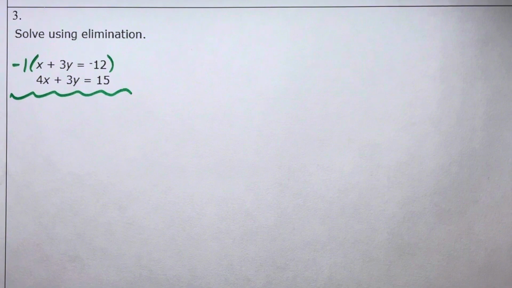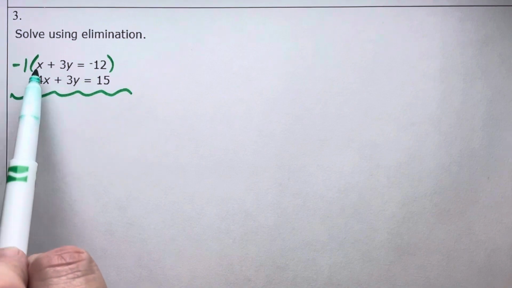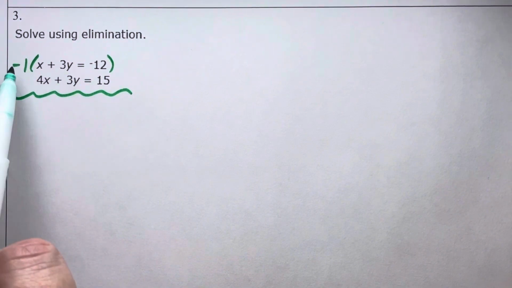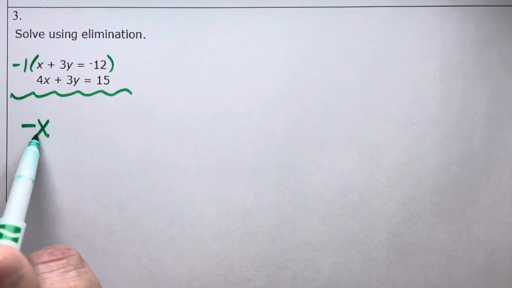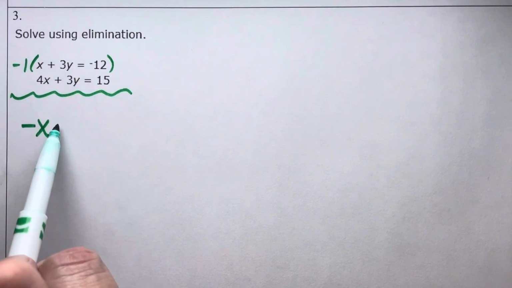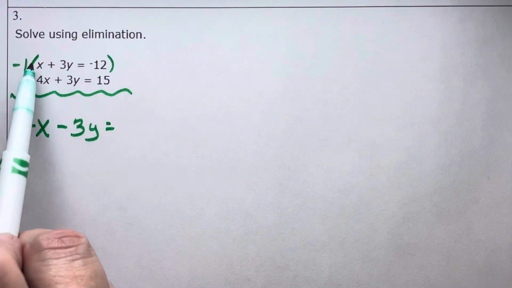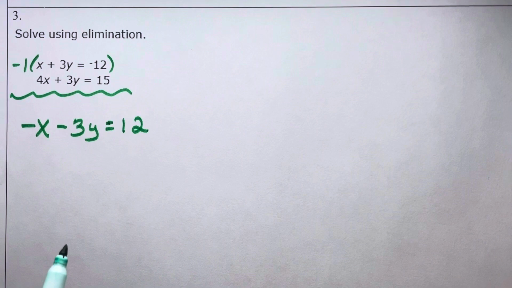Again, you have choices, and you could multiply all of the bottom equation by a -1, but I'm going to do it to the top equation just because. So a negative times positive x becomes a negative x. A negative times a positive 3 becomes a negative 3y. And a negative times a negative 12 makes a positive 12.